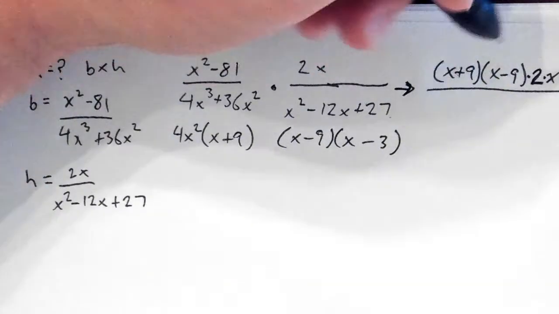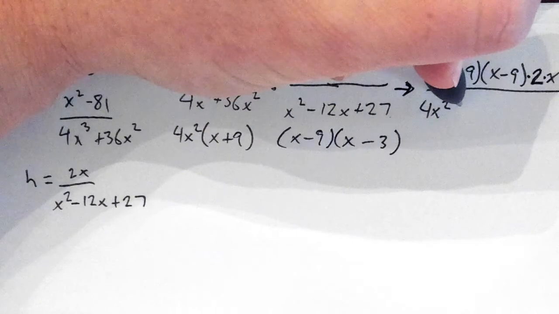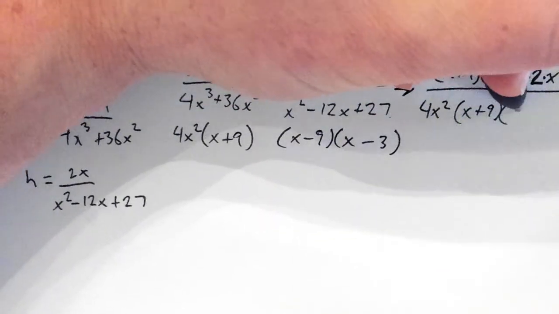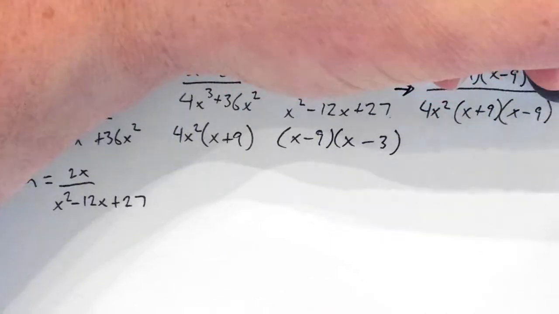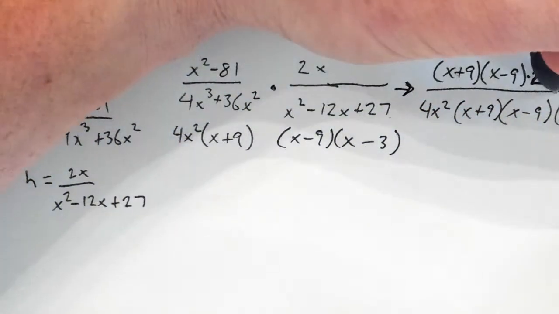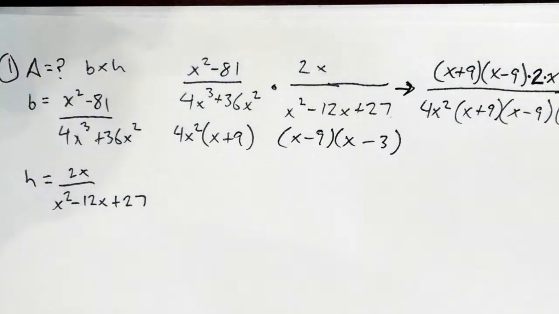Now I'm going to write everything out in factored form. The new denominator is going to be 4x squared times x plus 9, x minus 9, and x minus 3. Now we need to find our restrictions. Restrictions are what the denominators cannot equal, because a 0 on the denominator means it's undefined, and 0 cannot be on the bottom of any fraction.